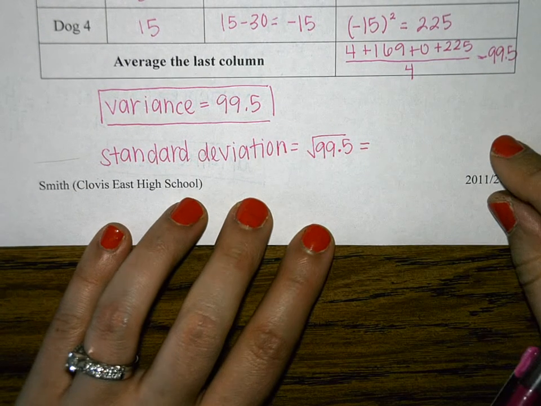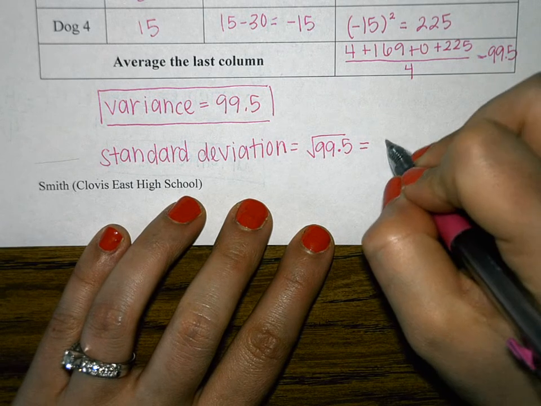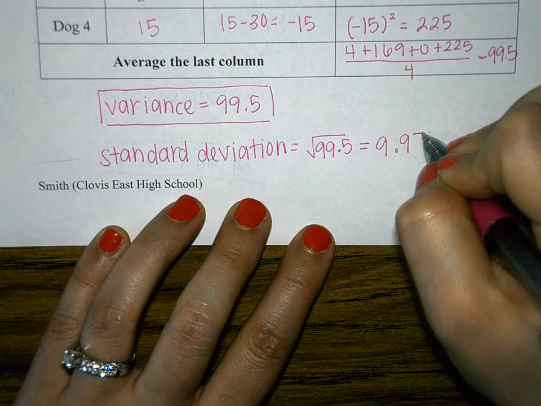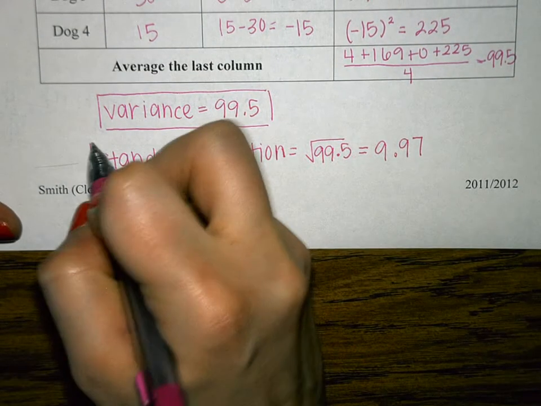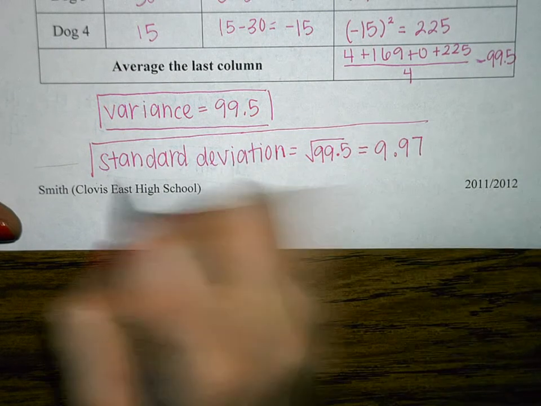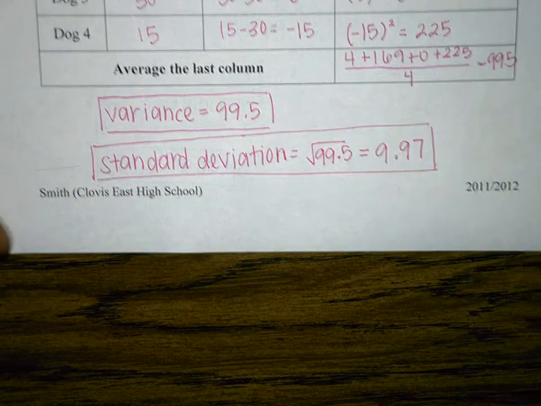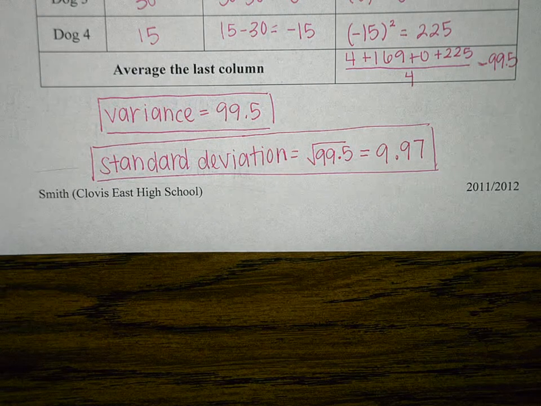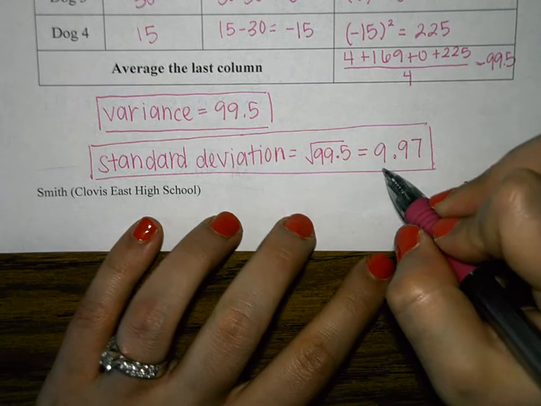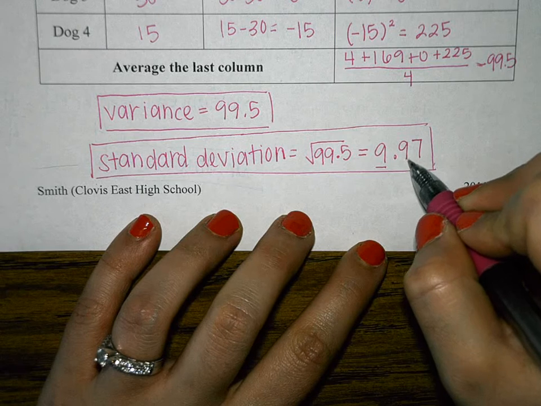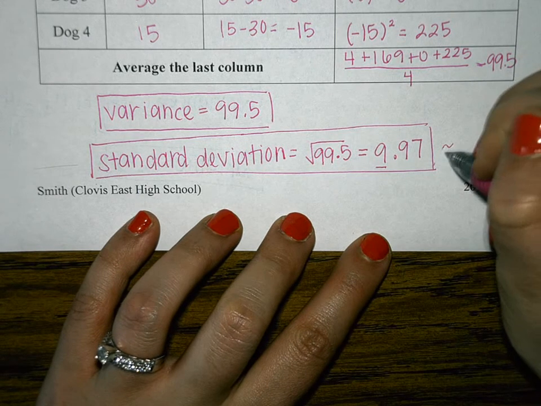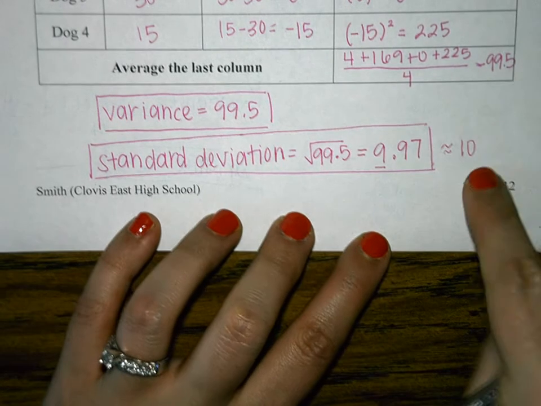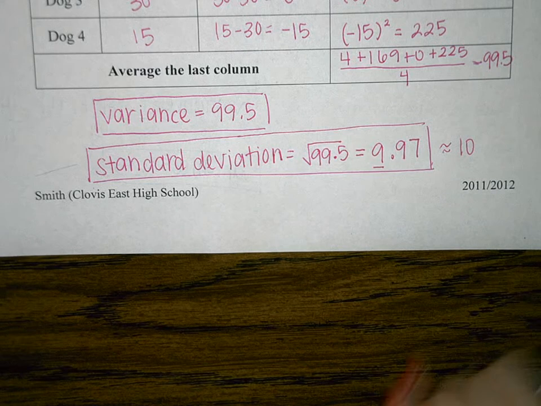Which, if you put it in your calculator, comes out to 9.97. So that is going to be our standard deviation, 9.97. If the question ever asks you to round to the nearest whole number, remember we would start at 9 and look over. Because that rounds up, it could also be approximately 10. I would like 2 decimal places though.